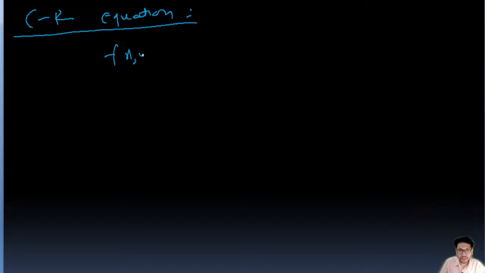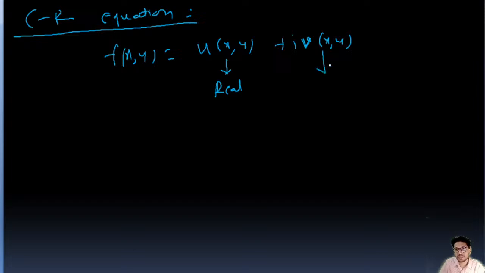Any function f(x,y) equal to u(x,y) plus i v(x,y), where u and v are functions of x and y, has a real part u and an imaginary part v.